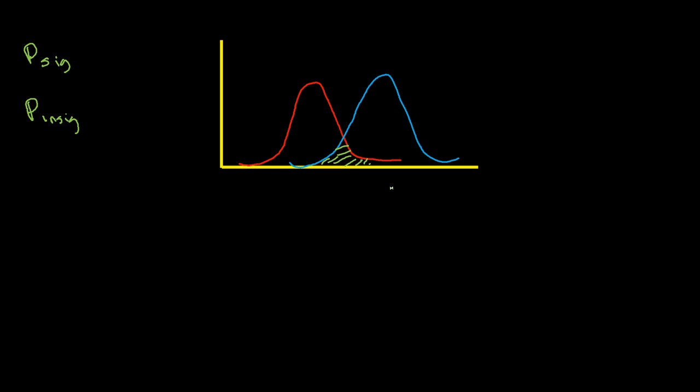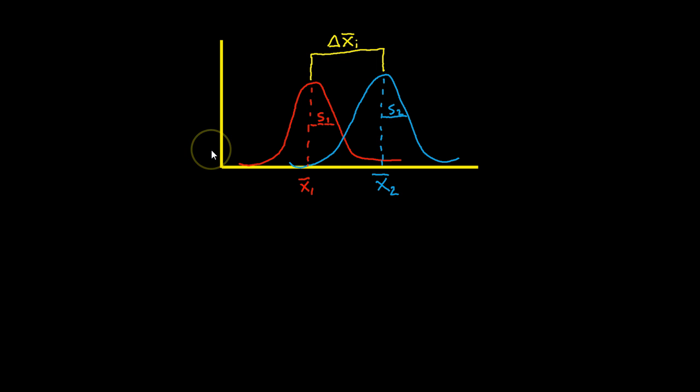So as p-sig increases, the probability that they're different increases, and as p-insig decreases, the probability that they're different increases. Hopefully that makes sense.